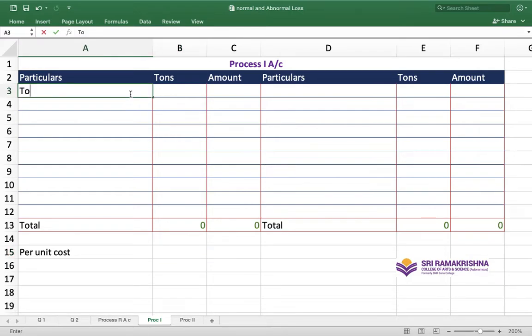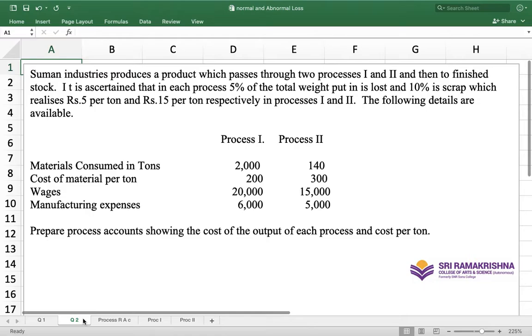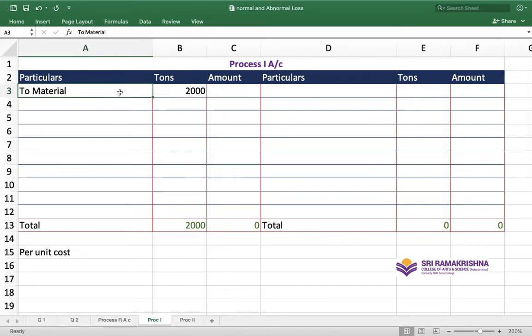So to materials, it was given in tons. It was 2000, and the cost of material per ton is 200.